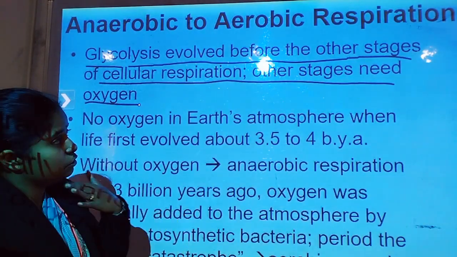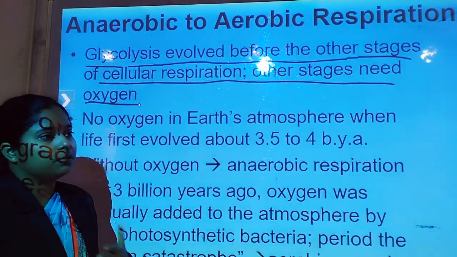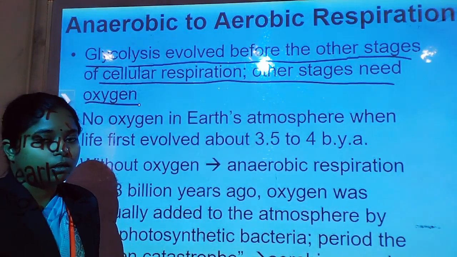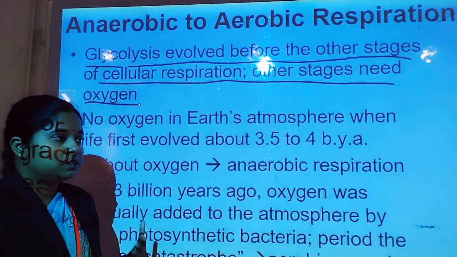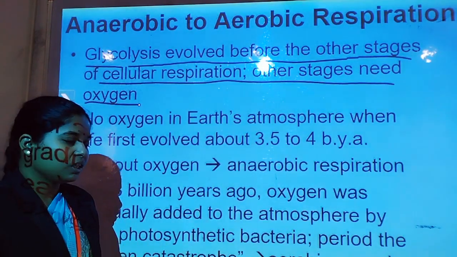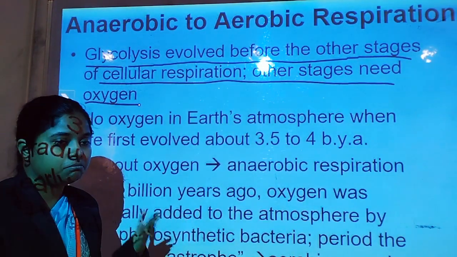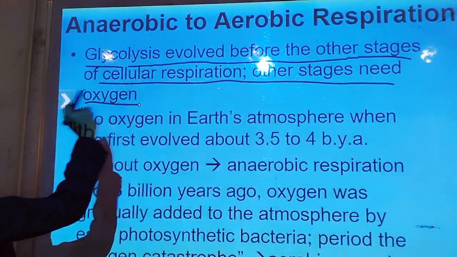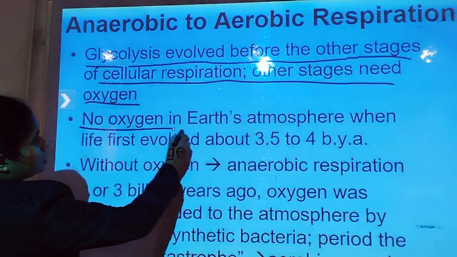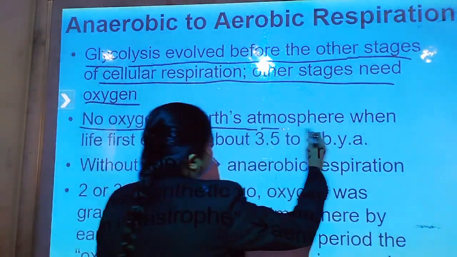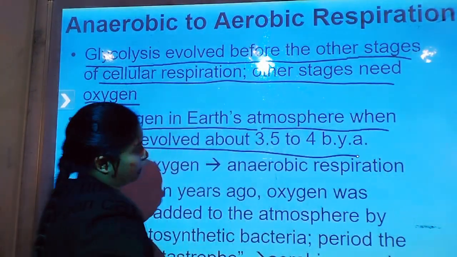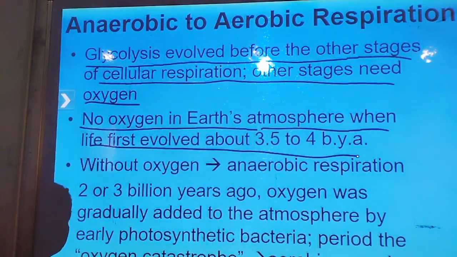That's why during the anaerobic condition, even if mitochondria are not present, different types of cells may synthesize at least 2 molecules of ATP. Now, there was no oxygen in Earth's atmosphere when life first evolved about 3.5 to 4 billion years ago.